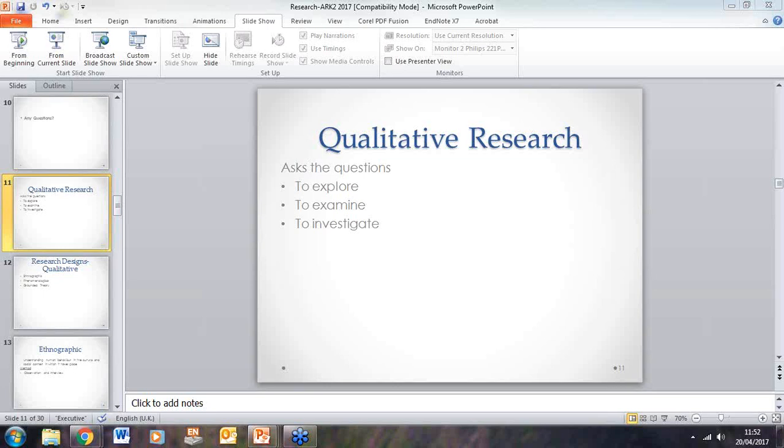So yes, we might need to focus it. But it's really exciting that you've got such diverse and different research ideas, which does help me initially in thinking about supervisors, because it would be nice to match people with supervisors who have a specific interest.